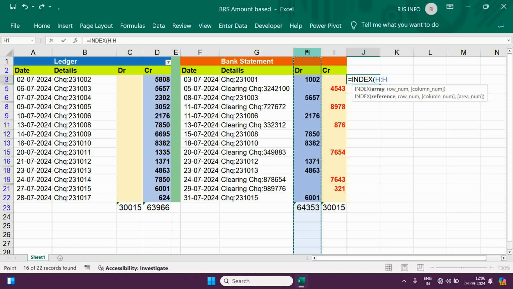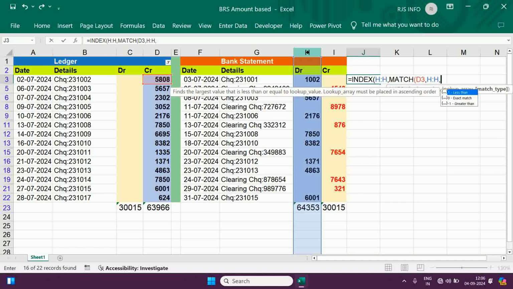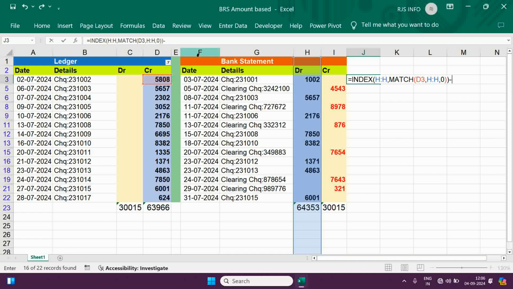So H, comma, match should be the credit side of the entry. Again it has to check from the debit side of the entry of the bank statement, comma, 0 for exact match, bracket close, bracket close. If I get 0, then it's fine. So subtract with the amount.